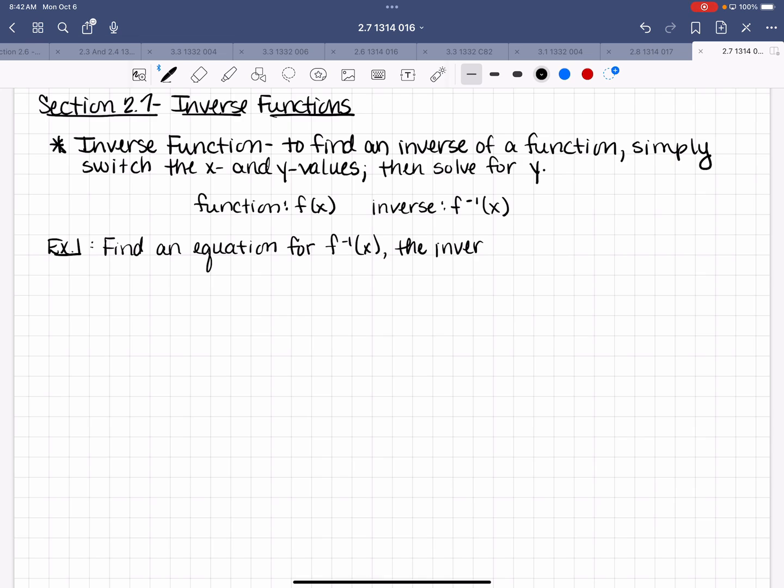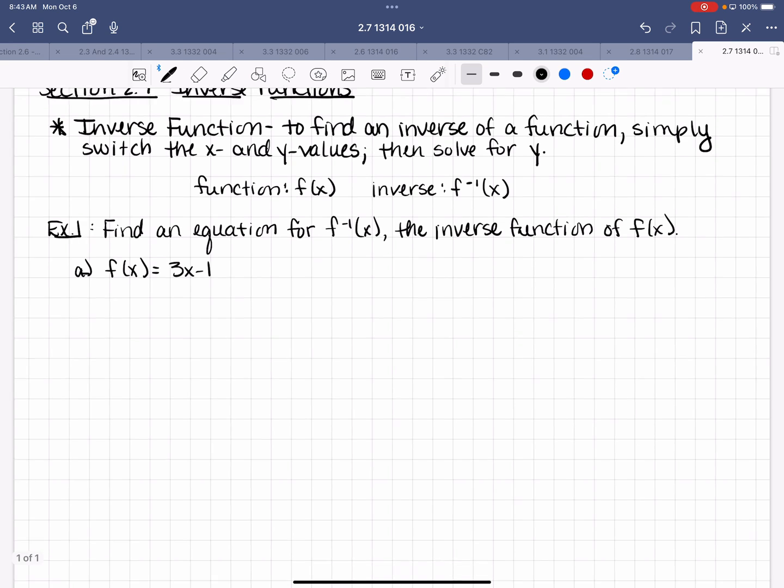And we write out what it means right here, the inverse function of f of x. We have a few parts, A and B, just a couple. We start off with f of x equals 3x minus 1, and they want us to find the inverse of that function.